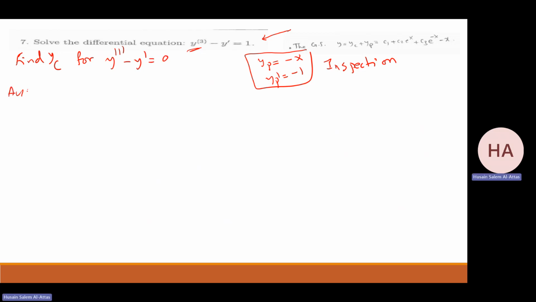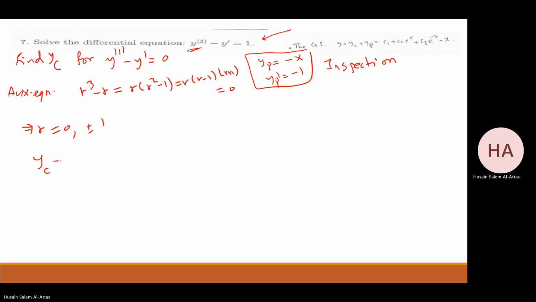So I have the auxiliary equation. That will be r cubed minus r, which is r times r squared minus 1, which is r times r minus 1 times r plus 1, equal to 0. So r will be 0 or plus or minus 1. So yc is c1 plus c2 e^x plus c3 e^(-x).